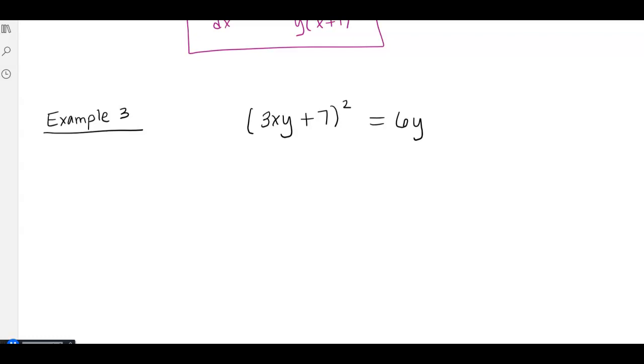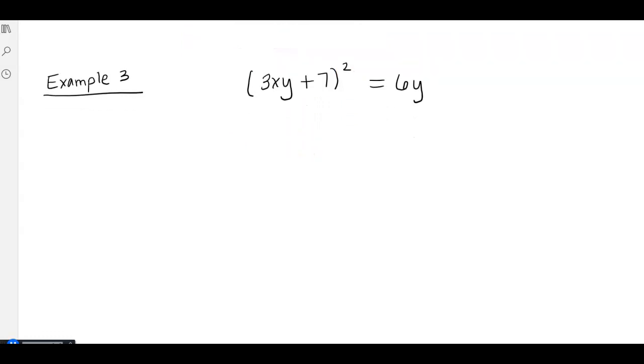Looking at the function on the left, I'm going to have to use the chain rule. The idea will be to bring the 2 down into the front, drop this power down by 1, but then I have to add on. The chain rule says I need to consider what the derivative of the inside is going to be. So before we get started, let's do a little bit of side work over here. Let's consider what is the derivative of the inside part.